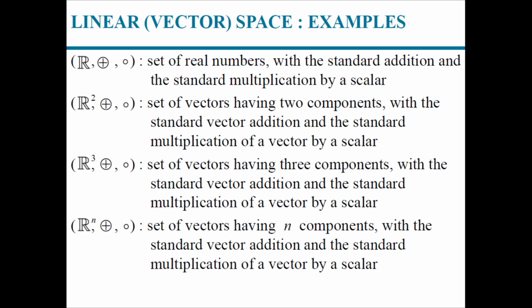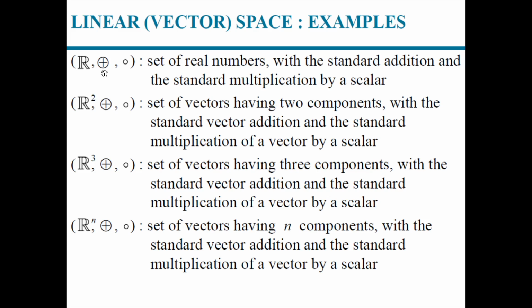So I will start with some examples of a linear space. So pretty much everything you know up to now was a linear space, but there's some particularity here in the way I write it. So real numbers with operation of addition and multiplication by a scalar. So this thing here is a linear space.